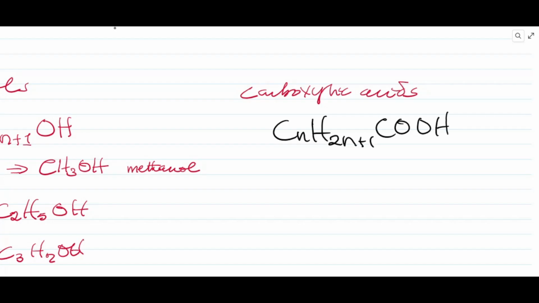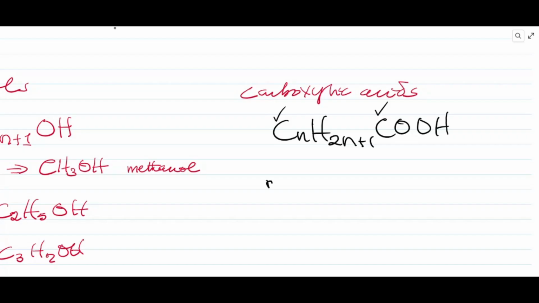The first family member should have one carbon atom. If you look here, we have a carbon atom here and another carbon atom here. So it means n equals 2, right?